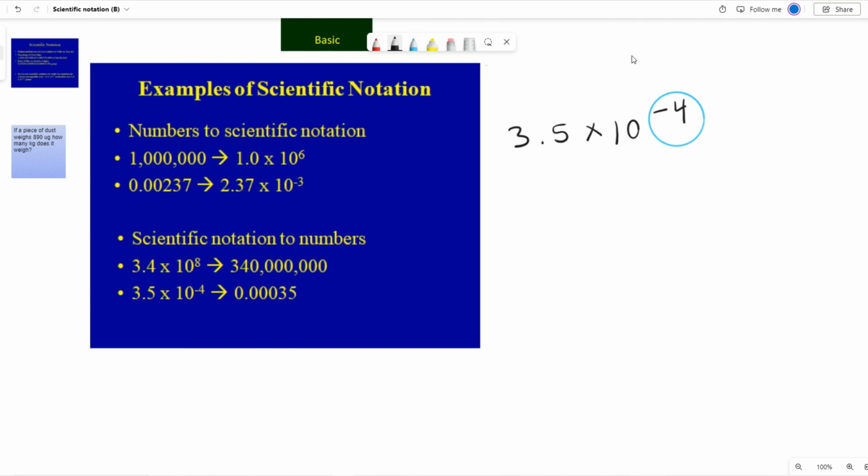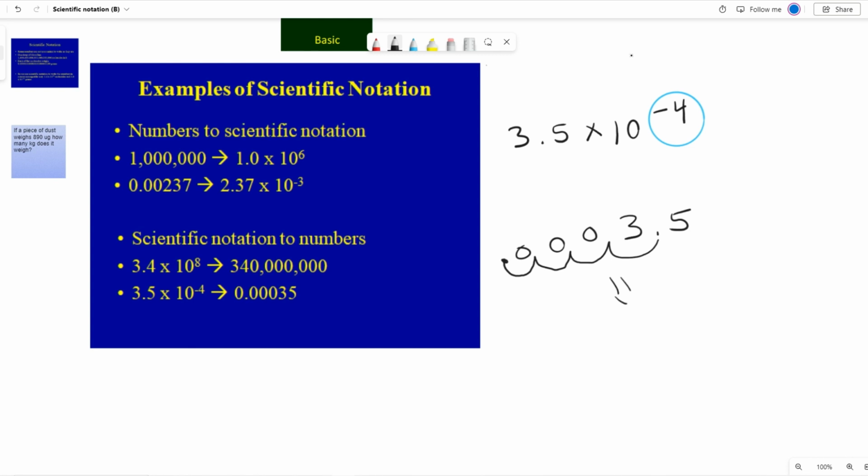So if we have 3.5 and it needs to be made smaller, then we're going to be moving the decimal place to the left 4 spots. 1, 2, 3, and 4. There's our decimal. Then we just put our zeros in.